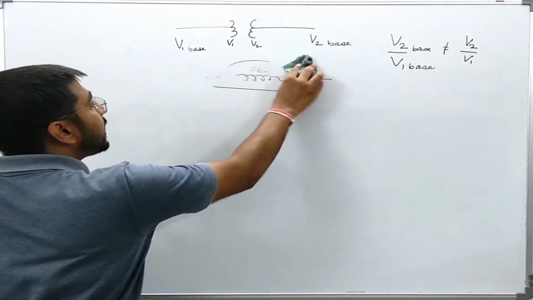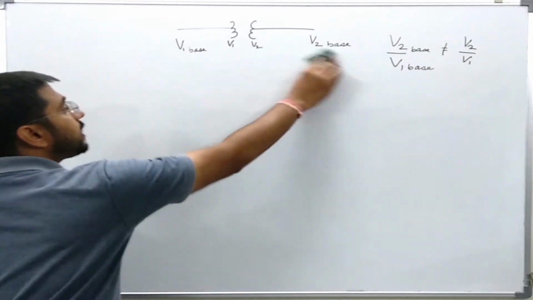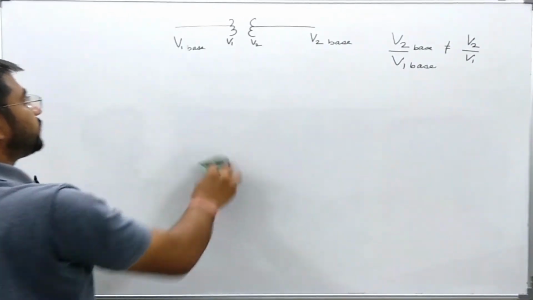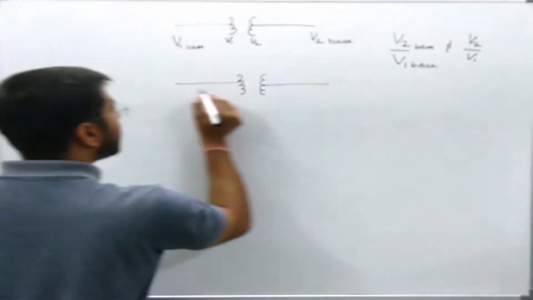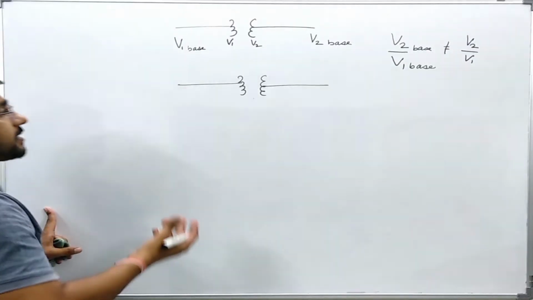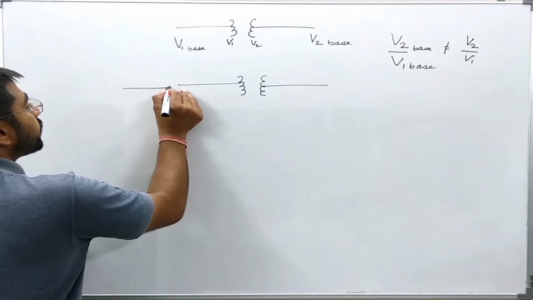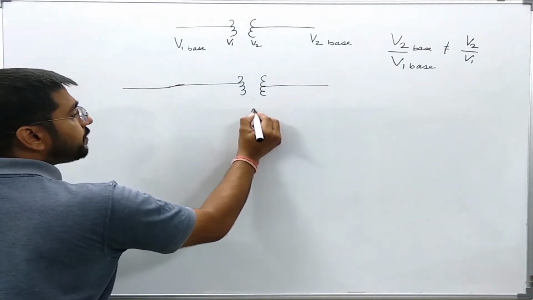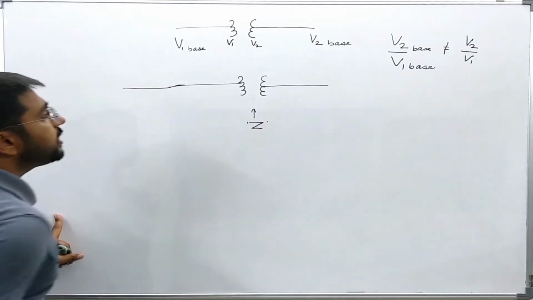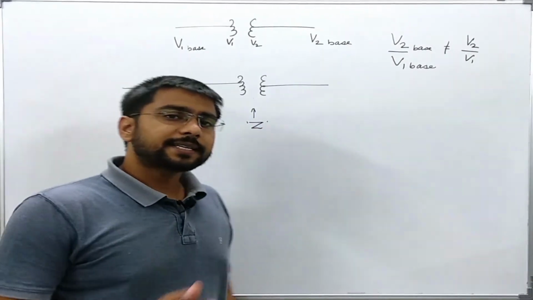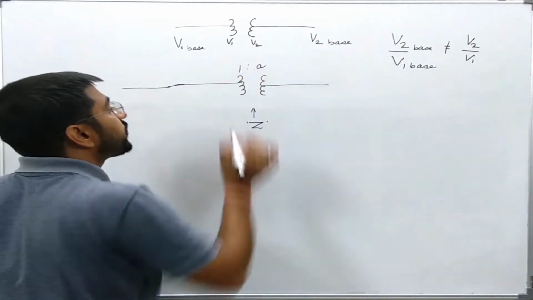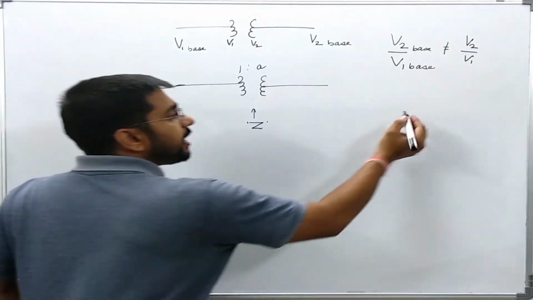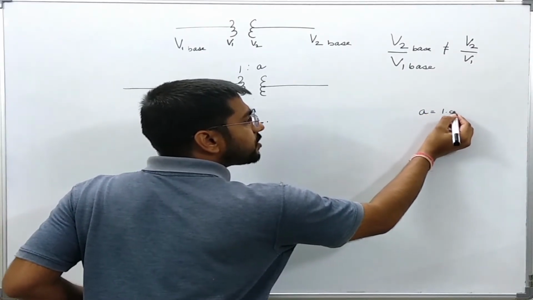Okay, so let us say that we have a transformer with leakage impedance, let us say Z. This is a transformer with leakage impedance Z, and its transformation ratio is having a little difference, let us say 1:A, where let us say A is just 1.01.